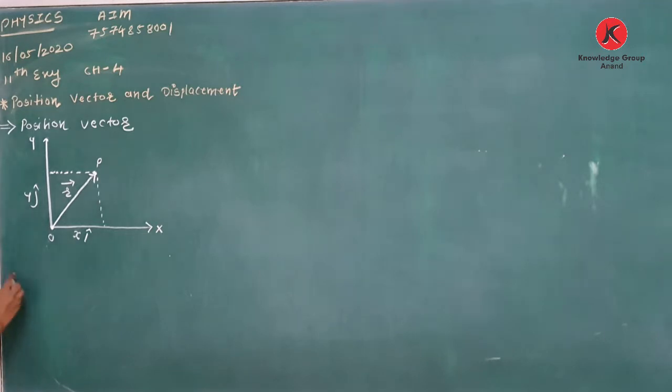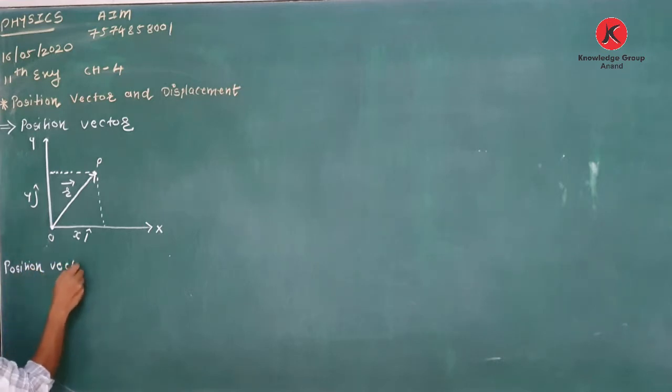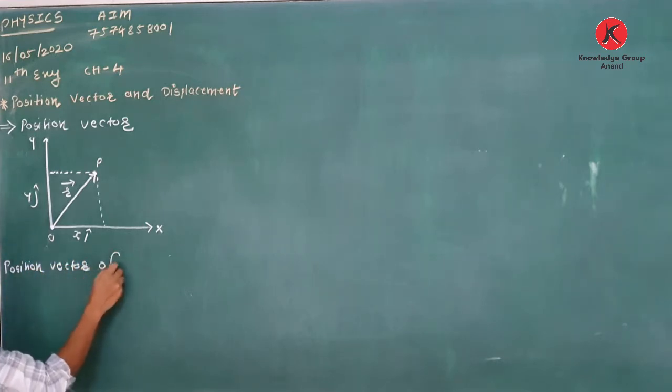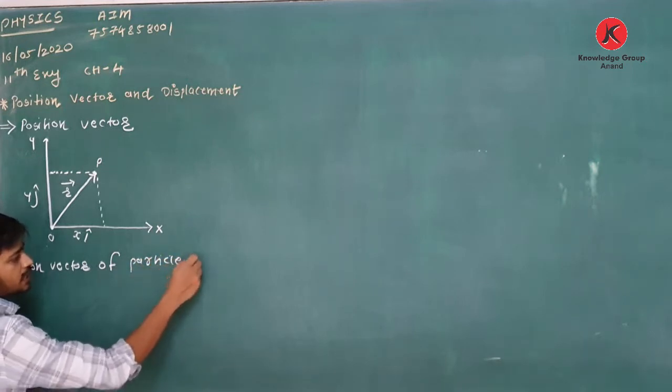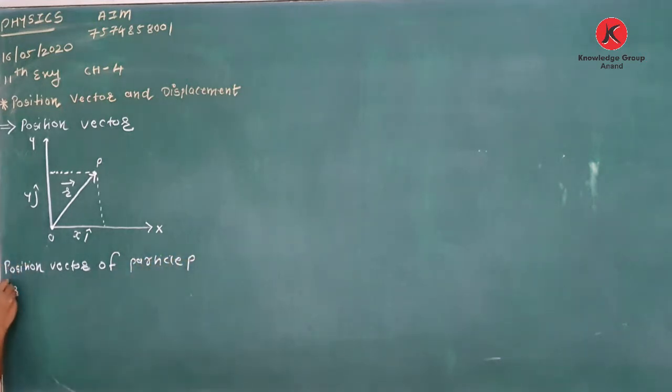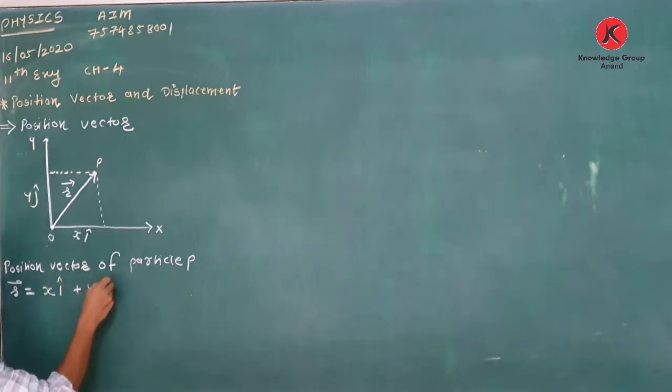So the position vector of particle P, R is equal to, in terms of components, xi plus yj.